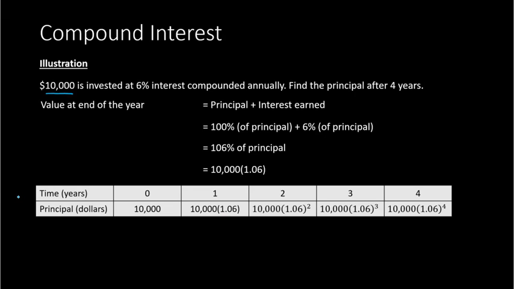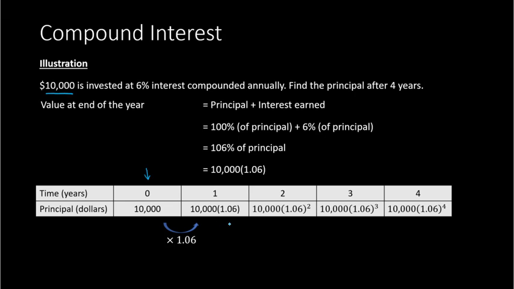So in this table we have the time in years, that's the first row, and then the second row is the principal in dollars. So at 0 years, the principal is $10,000. That's our starting point. So after 1 year, we said is 10,000 times 1.06, right? You multiply the 10,000 times 1.06.